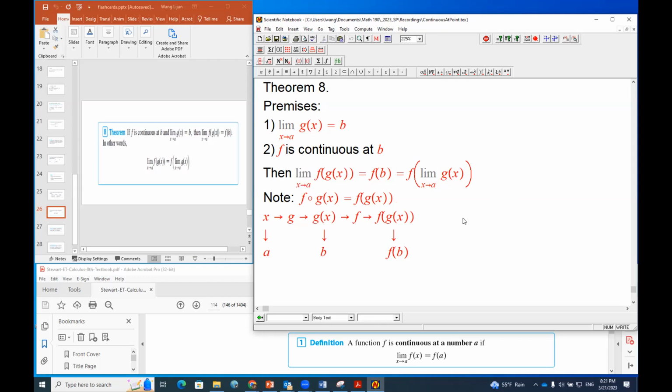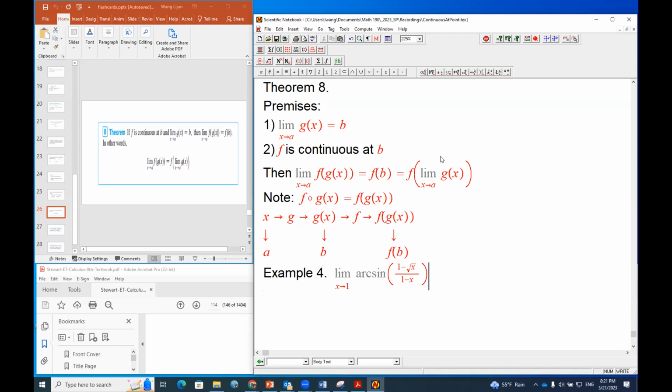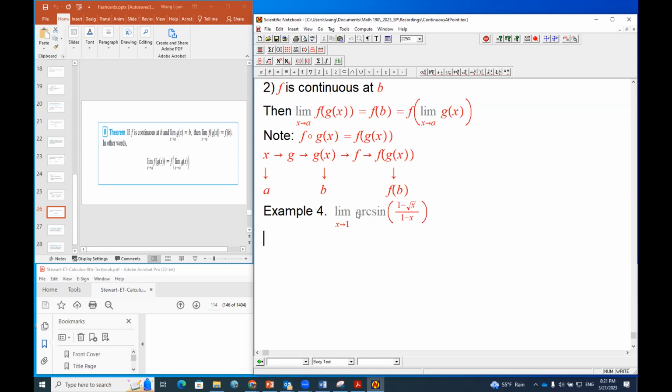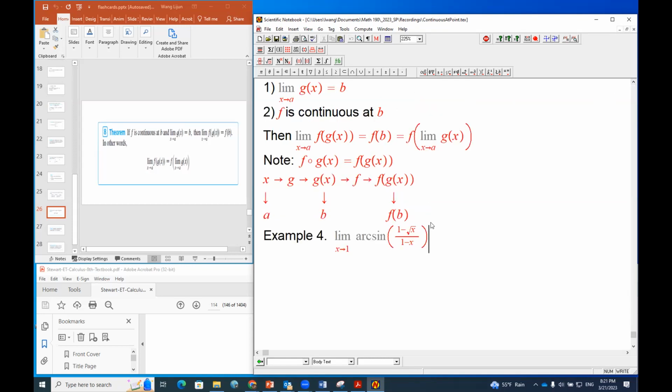Now, to apply this theorem, we need to check a couple of things in this example. We have the theorem right here, and I'm going to show you how we work this out. In this situation, our F, the outer layer function, is arcsine. The inner layer, the G, is (1 minus square root of X) over (1 minus X). We need to prove that the limit exists.